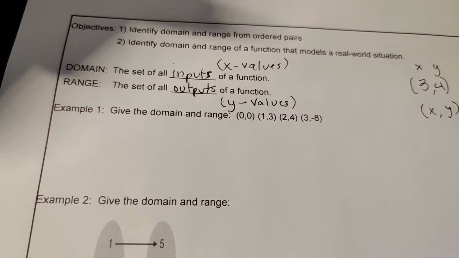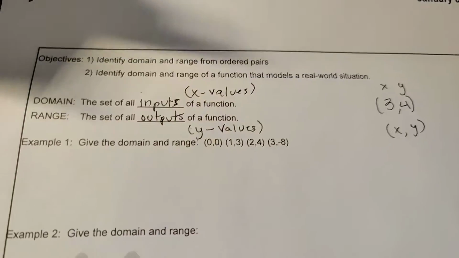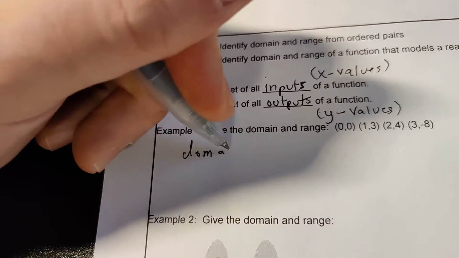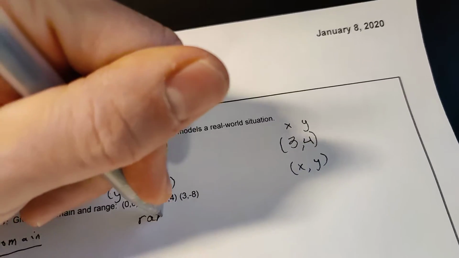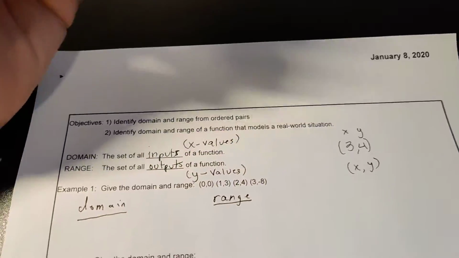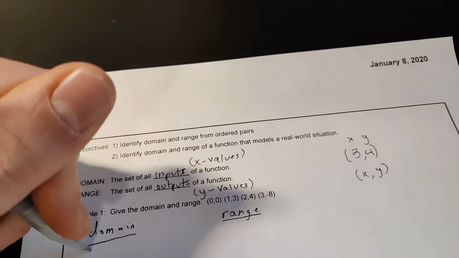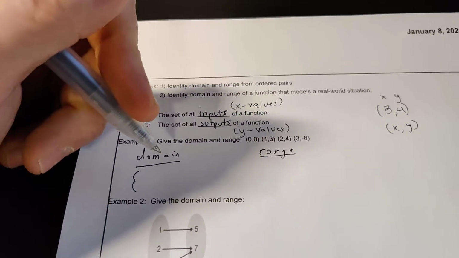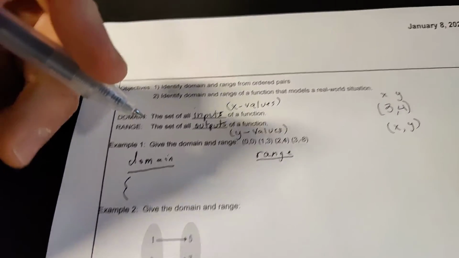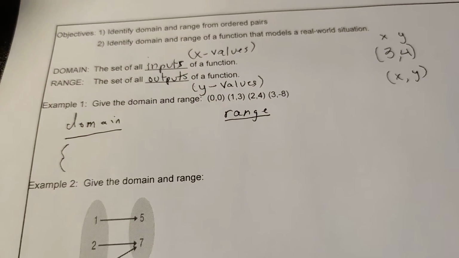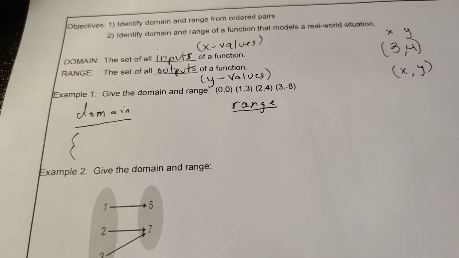So give the domain and range of this set of values. In order to do that, let's write this down. Domain, range. So the notation we use is we're going to make these brackets, and we're going to close them at the end when we finish listing the values in our domain and range.